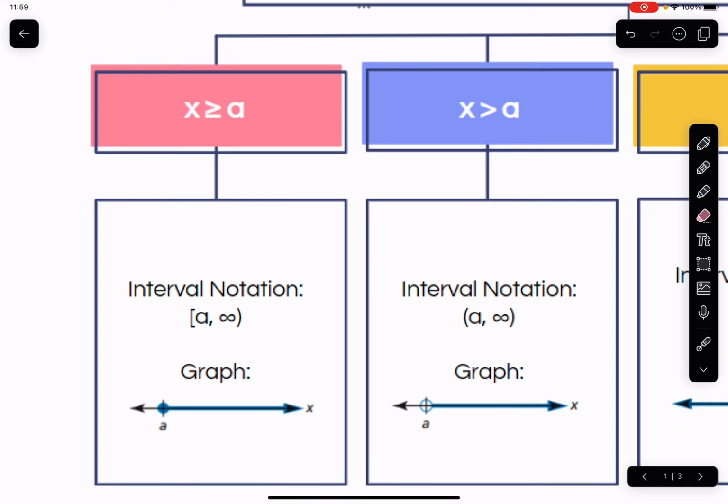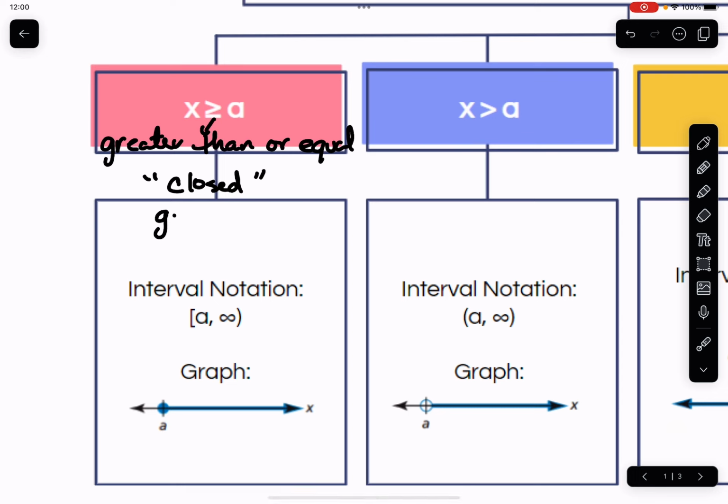The technical term for this symbol is greater than or equal to. I'll just call it my closed greater than.